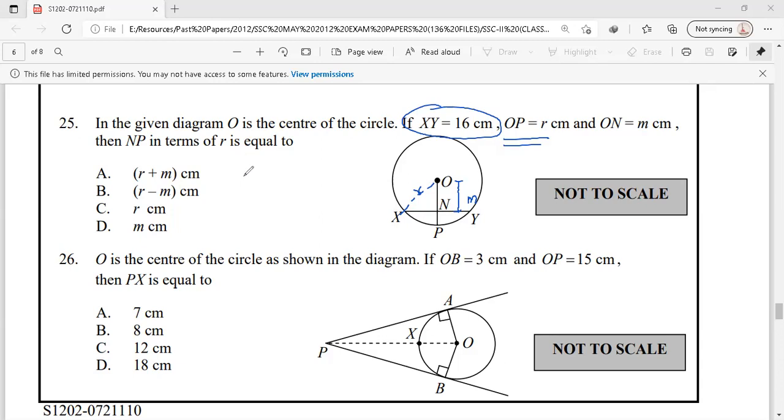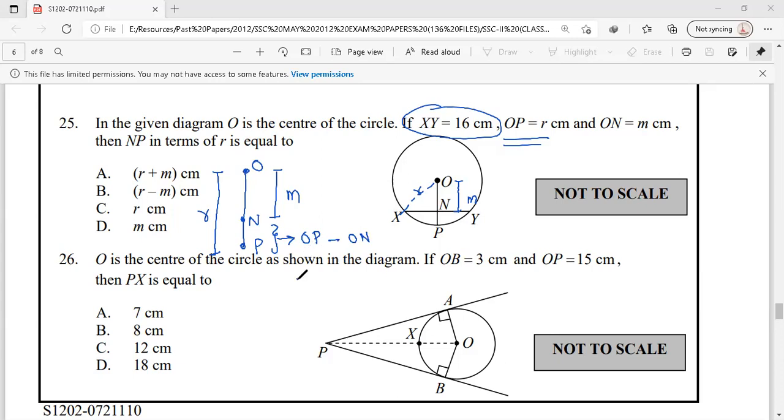So from the given diagram, let's say this is point O and this is point P, and a point N lies somewhere at this point. OP, we know, is also the radius, that is equal to R, and the side ON is equal to M. So NP will be equal to OP minus ON.